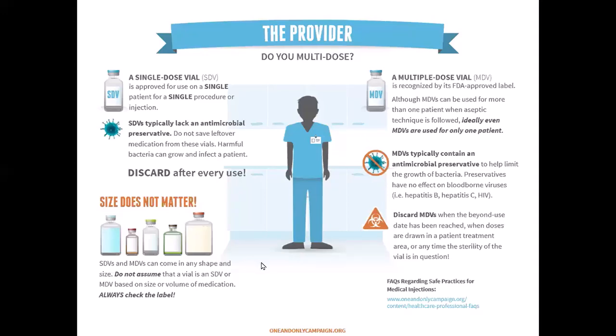If it is a multi-dose vial, we have to use it for one patient only, even if it is multi-dose, and for a defined period of time, then discard it. But if the medication is difficult to supply in enough quantity, we can use it for multiple patients, but we have to use strict aseptic technique.